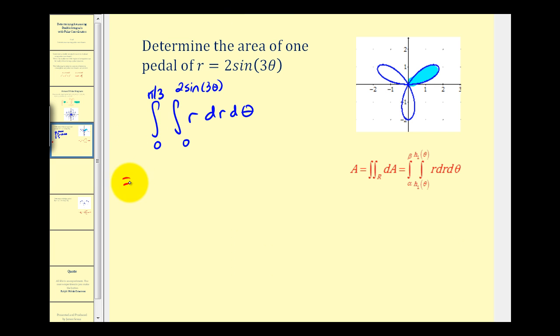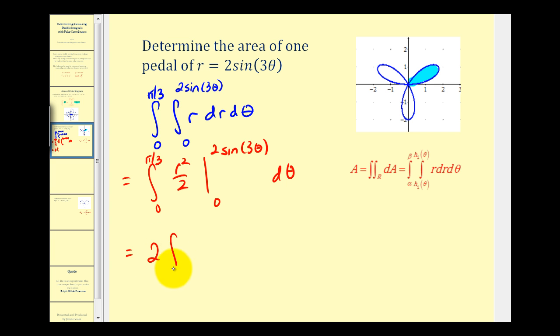Let's go ahead and integrate this. So we're going to have r squared over 2. When r is equal to 2 sine 3 theta, we'd have 4 sine squared 3 theta, and then 4 divided by 2 would give us 2.